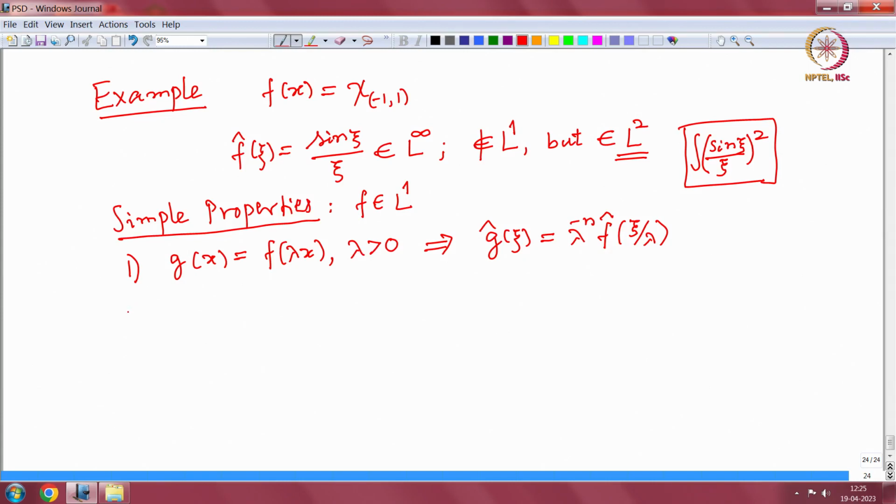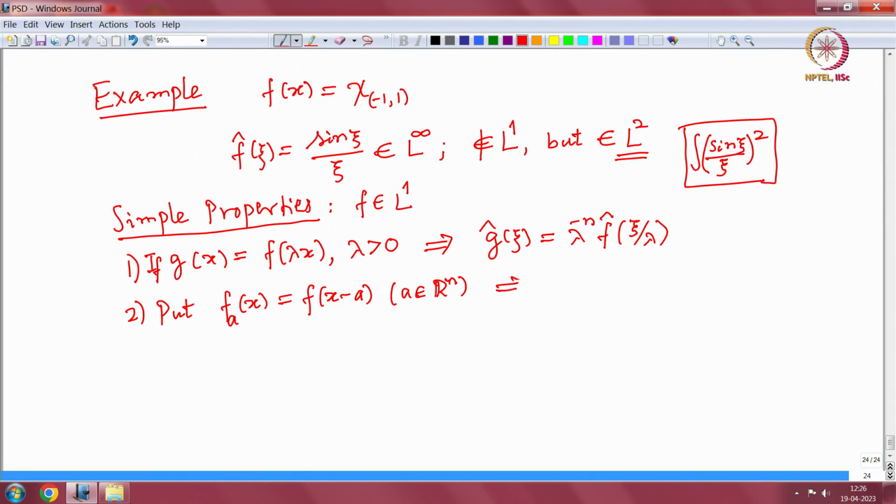Next one is the translation. Put f a of x equal to f of x minus a, where a is a fixed element in R n. This is just translation.